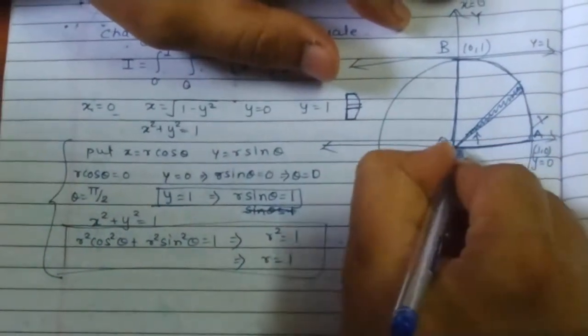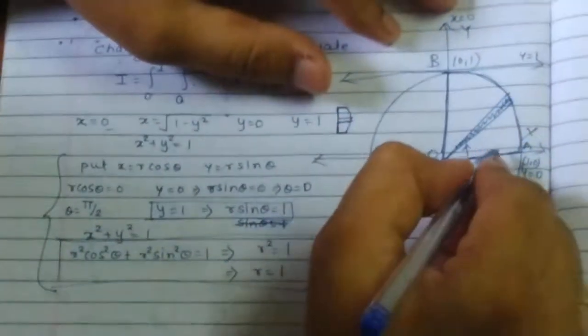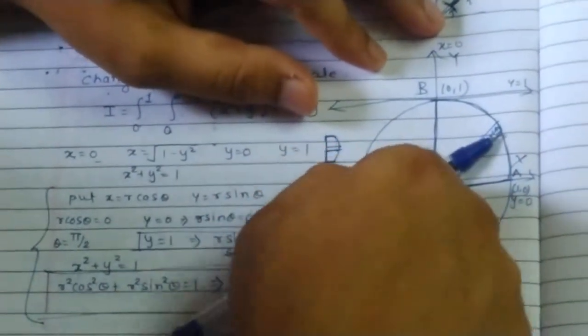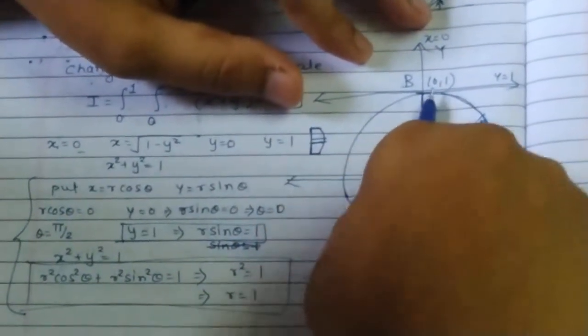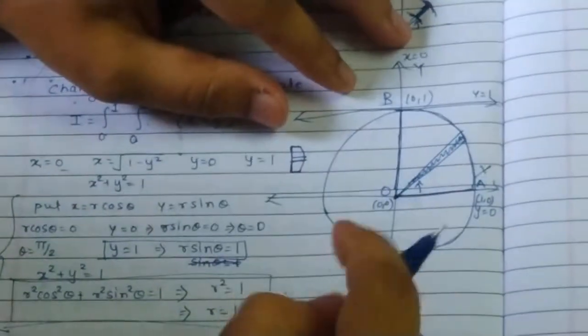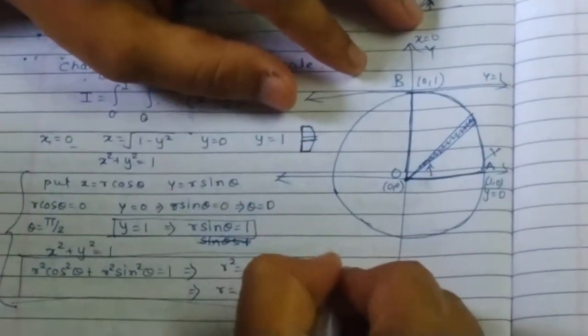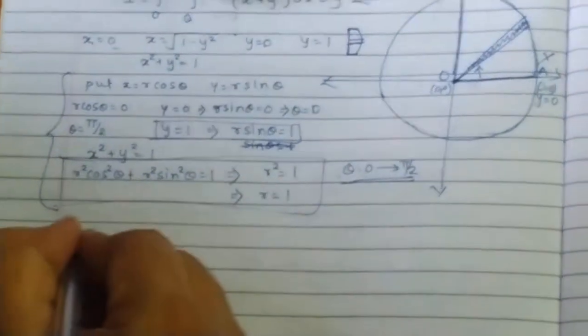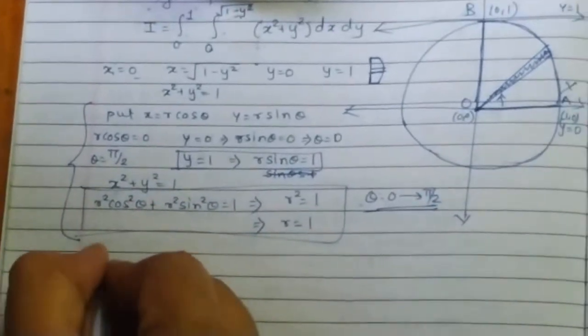Initially your strip is along the x-axis. When I start rotating it slowly like this, fixed at the origin, when it reaches here, the total angle covered is theta from 0 to pi by 2. Yes, that's very important. So now we will derive the limits of the inner and outer integrals.